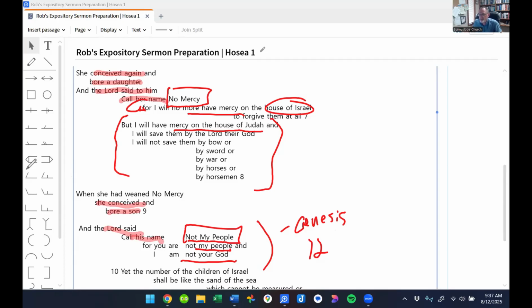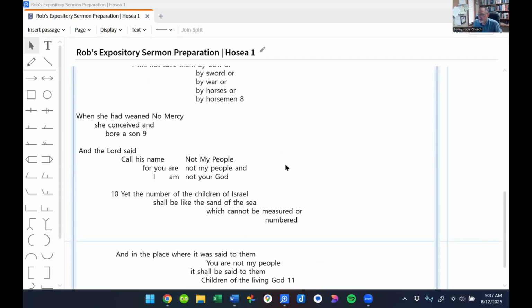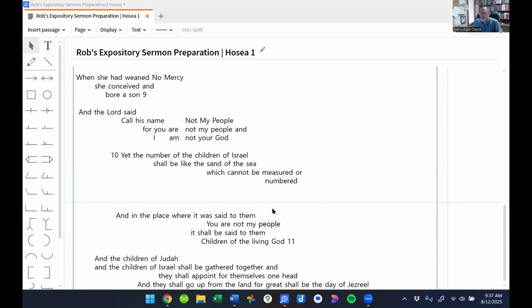Now, let's go to the last portion of this text, and we're going to see that the text actually ends with a hint of promise, and that's actually rather important. So here, this word, I would argue, is one of the most significant words in the text, because it serves as not exactly a pivot point, but it's a word that still holds out hope for the people.